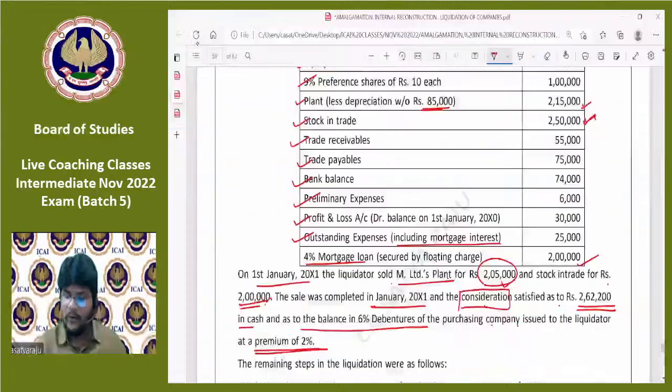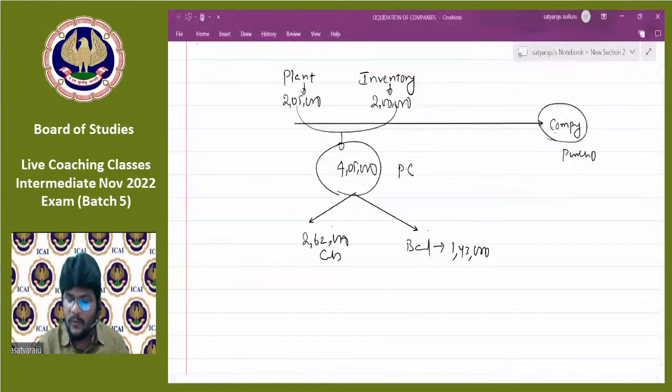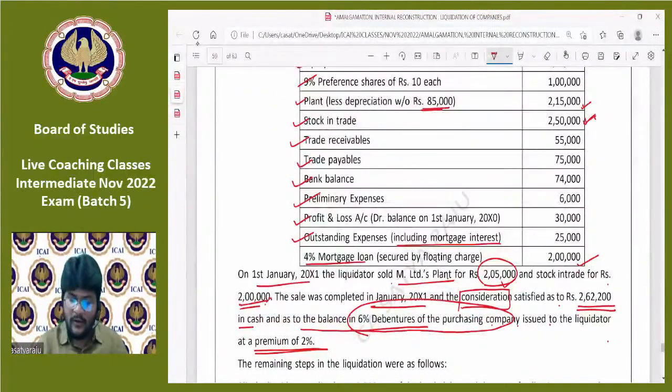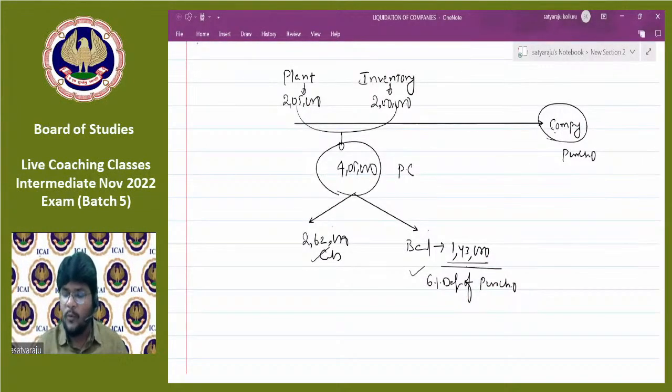Such 1,43,000 in 6% debentures of the purchasing company, they are giving. So this balance was 6% debentures of purchasing company. Now liquidator will get two different realizations, in the form of cash 2,62,000, and in the form of 6% debentures of the purchasing company for 1,43,000, issued to the liquidator at a premium of 2%. That means the other company issued these debentures at 2% premium. Means if you assume the face value is 100, then the issue price is 102.